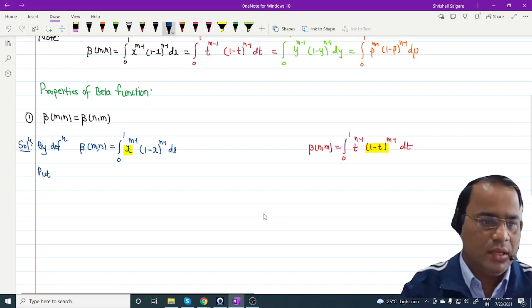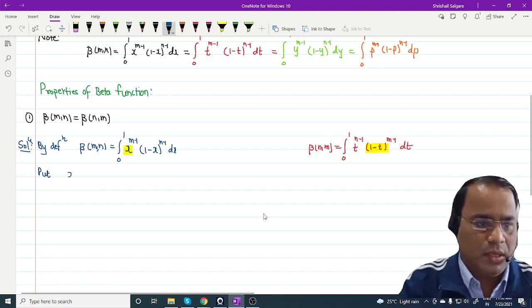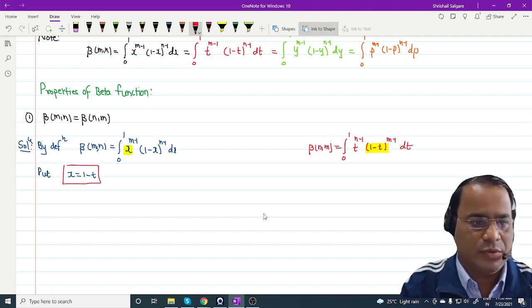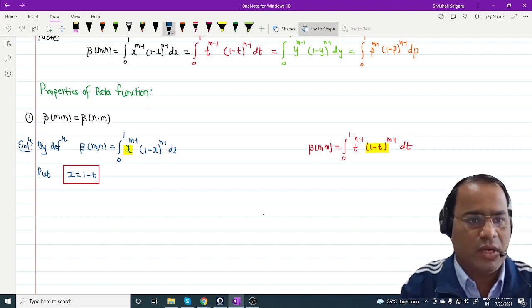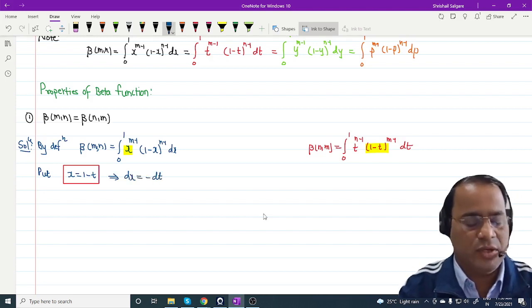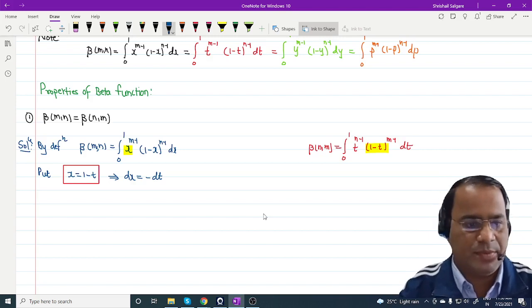So here you have to put x is equal to 1 minus t. That is your substitution. So that integral you have to convert in terms of t. For that, differentiate both sides, you will get dx is equal to minus dt. Differentiation of 1 is 0, differentiation of t is minus 1.